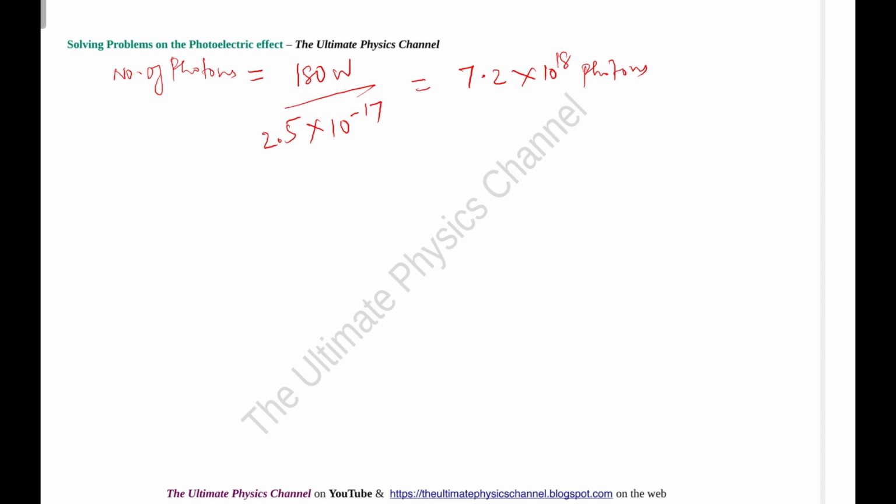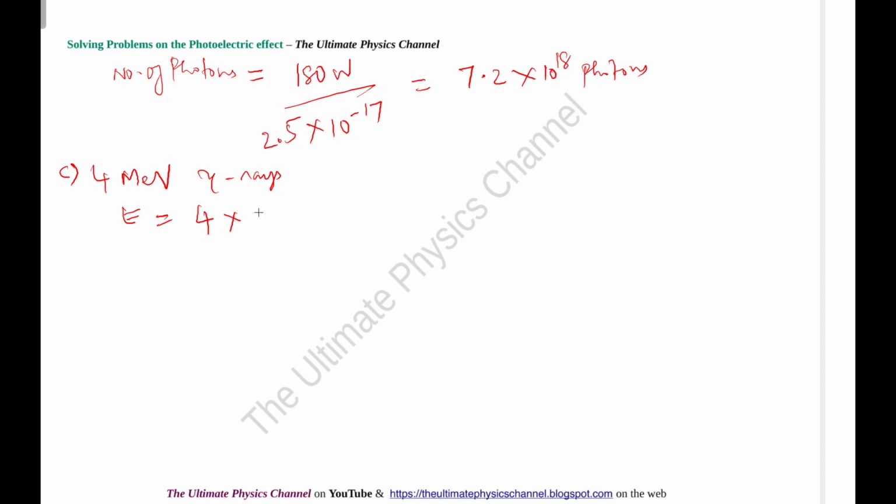Let's get to the third part, that is 4 mega electron volt gamma rays. Here the energy is given directly, so we don't have to do any conversions from wavelength or frequency.